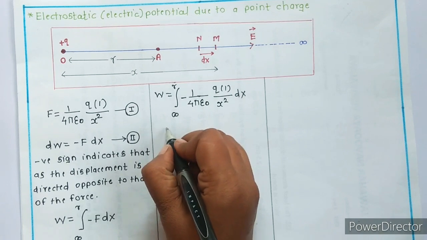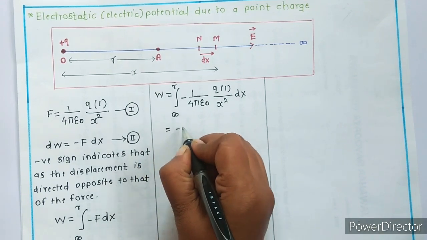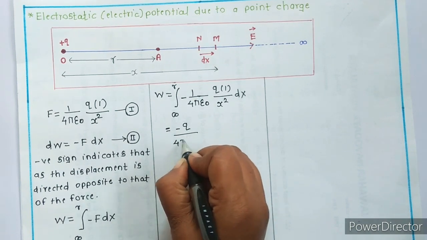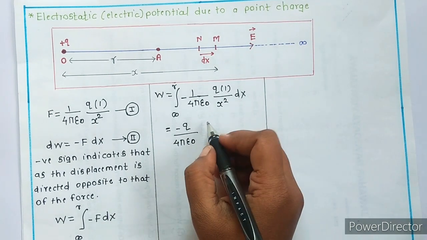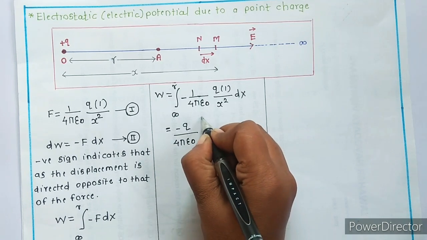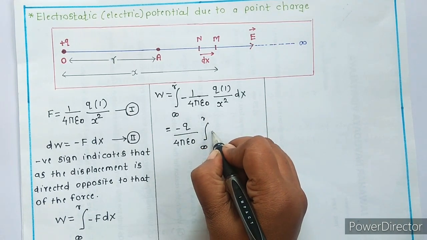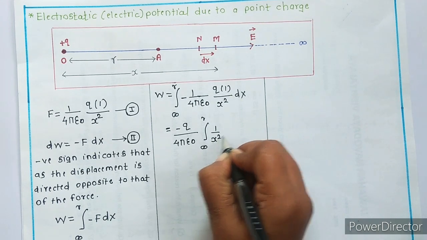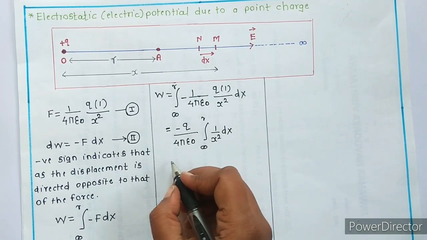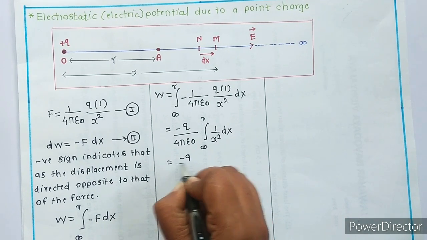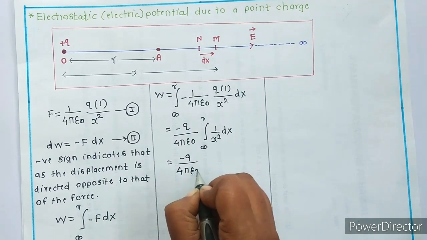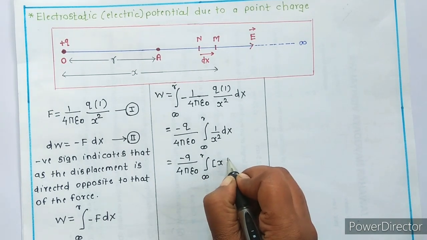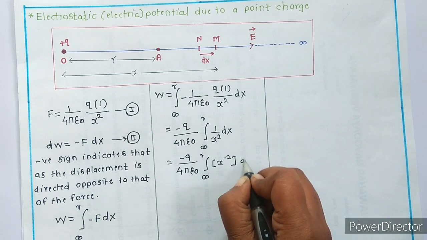What I get is minus Q upon 4 pi epsilon 0 times the integration of 1 upon x square dx. 1 upon x square I can write as x raised to minus 2, so minus Q upon 4 pi epsilon 0 integration of x raised to minus 2 dx.